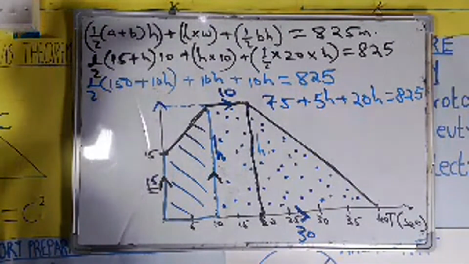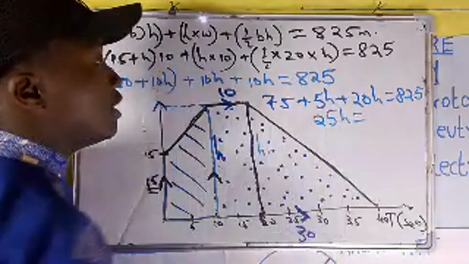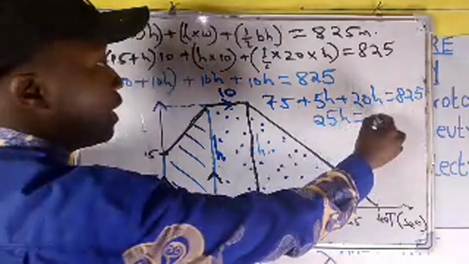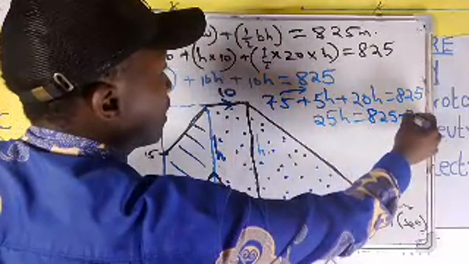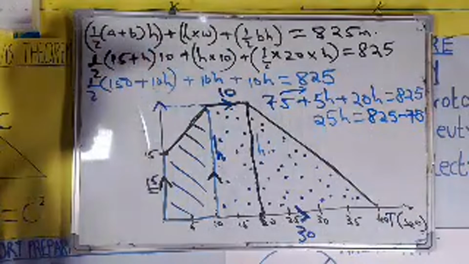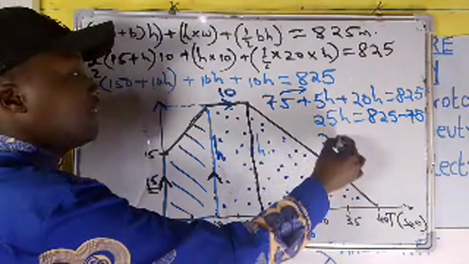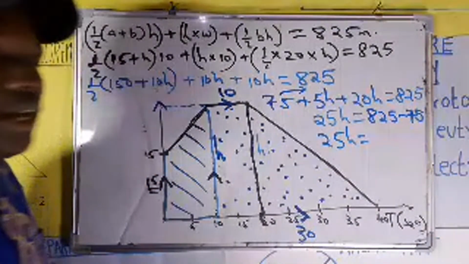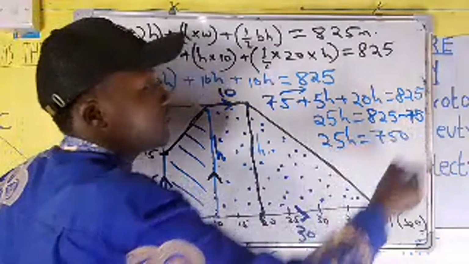Then we will take 5h plus 20h is 25h is equal to 825. We take this 75 to the other side, it becomes minus 75. And once we do that, we get 25h is equal to 825 minus 75 is 750.